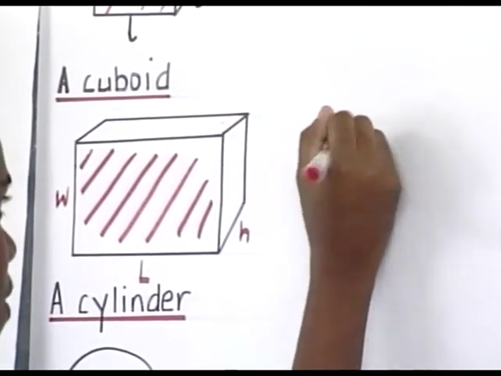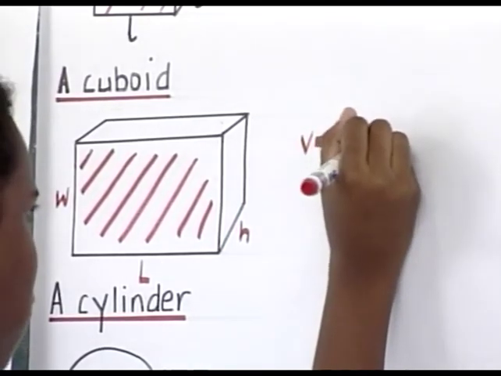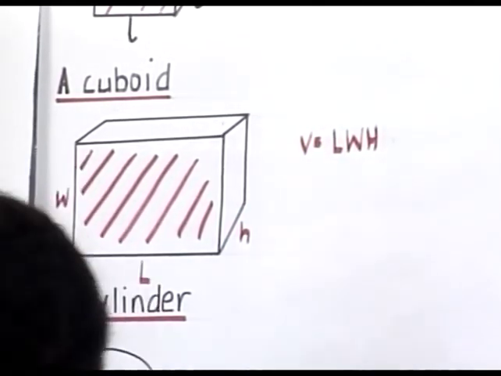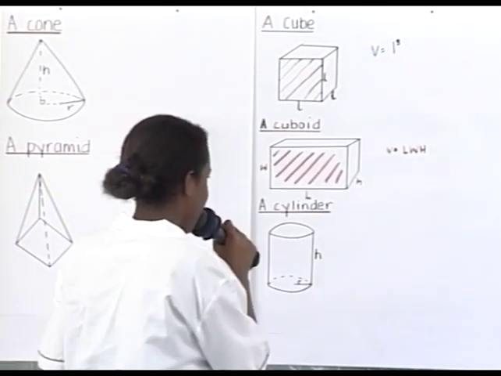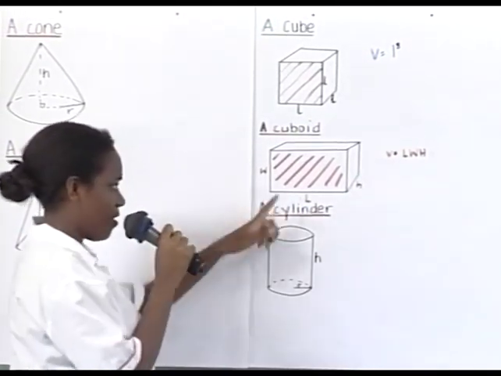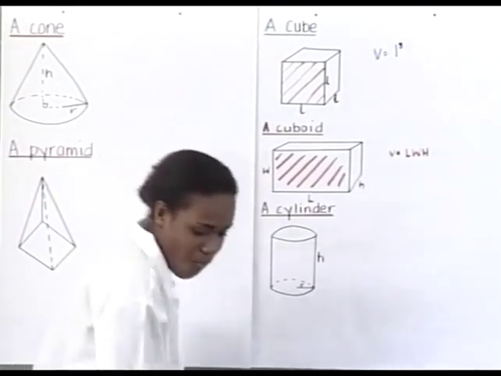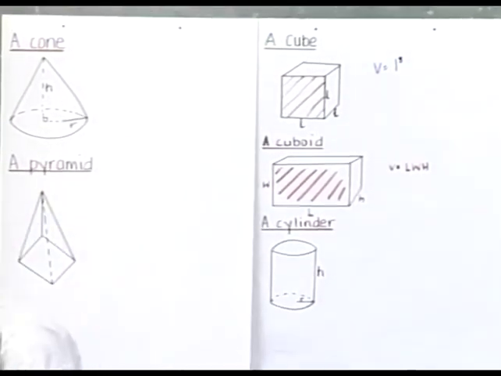You just go and explain them. To get the volume of a cuboid, you just multiply length, width, and height.